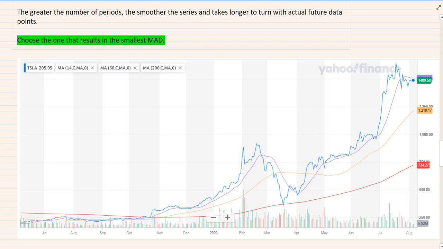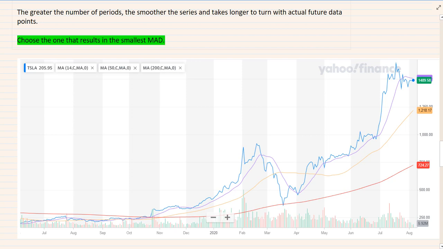So, barring this unforeseen event, we want to fit a moving average through this. So what I've done here, I've picked a 14-day moving average, a 50-day, and a 200-day moving average for you to see the difference. So this one, the one that's in blue right up here, I'm tracking it right now.